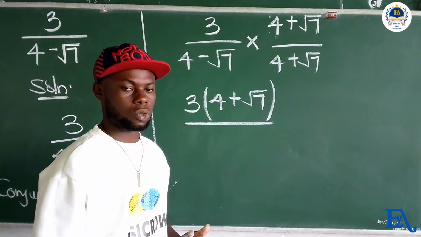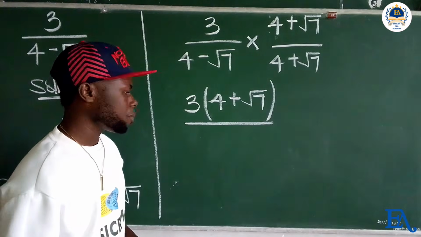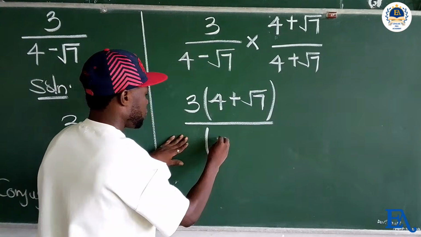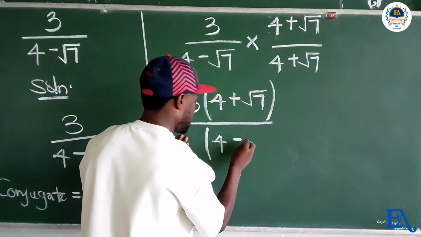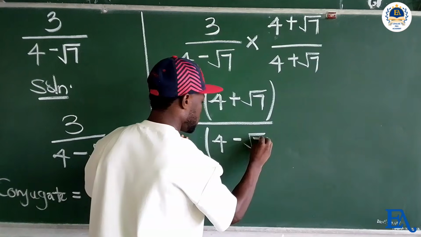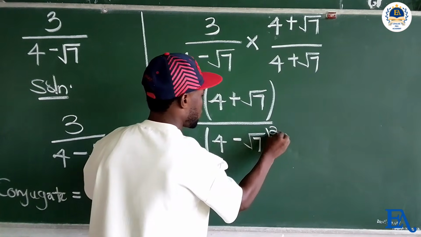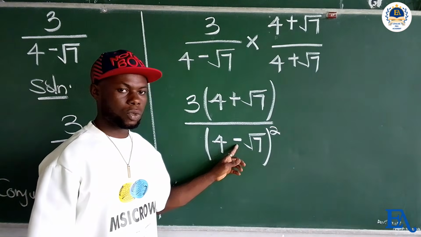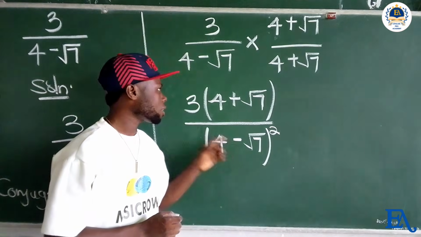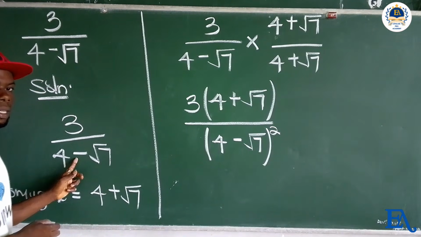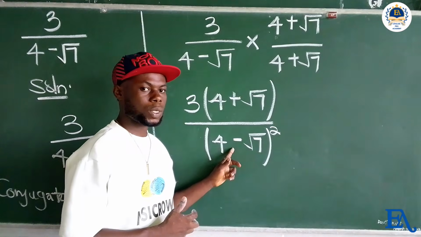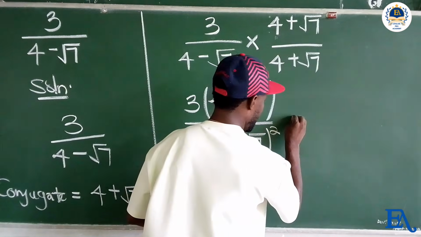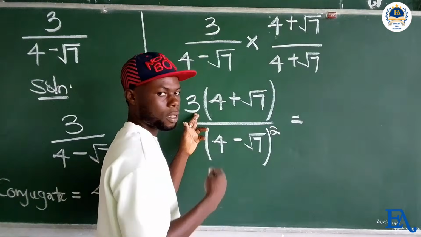But since it is a difference of two squares, we are going to use the simplest approach by writing 4 minus root 7 all squared. Since we are using the simplest approach, the sign in between must be minus. Regardless of what is given to you from the beginning, the sign over here must be minus because we are using the simplest approach.